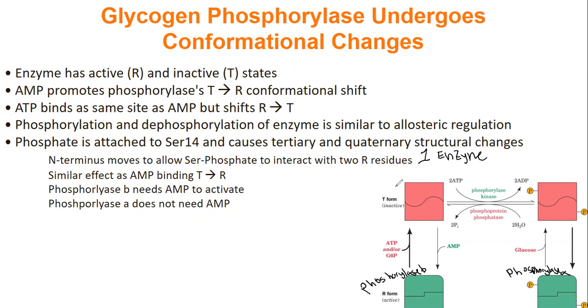Both of these reds here are 2 different forms of the T state. So the T state can be either phosphorylated or unphosphorylated. These P's are phosphorylated. Or we have the R state in the green, which is either unphosphorylated or phosphorylated.